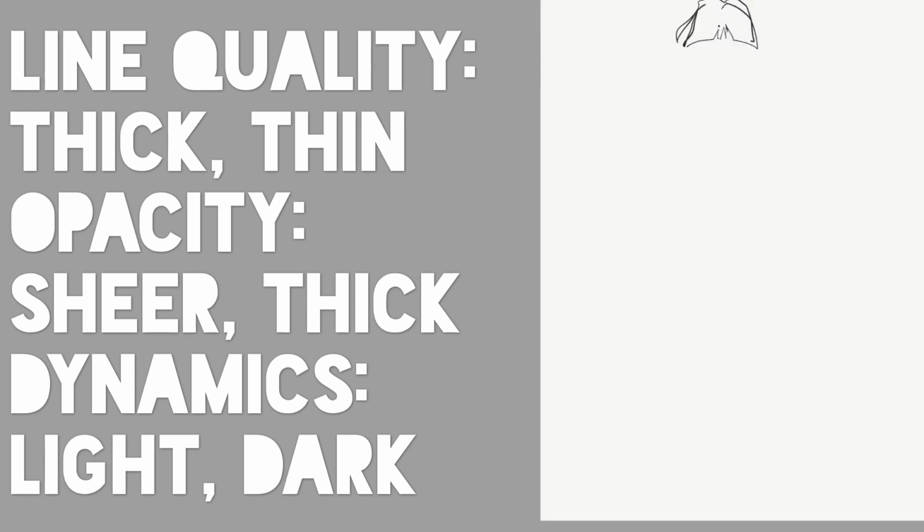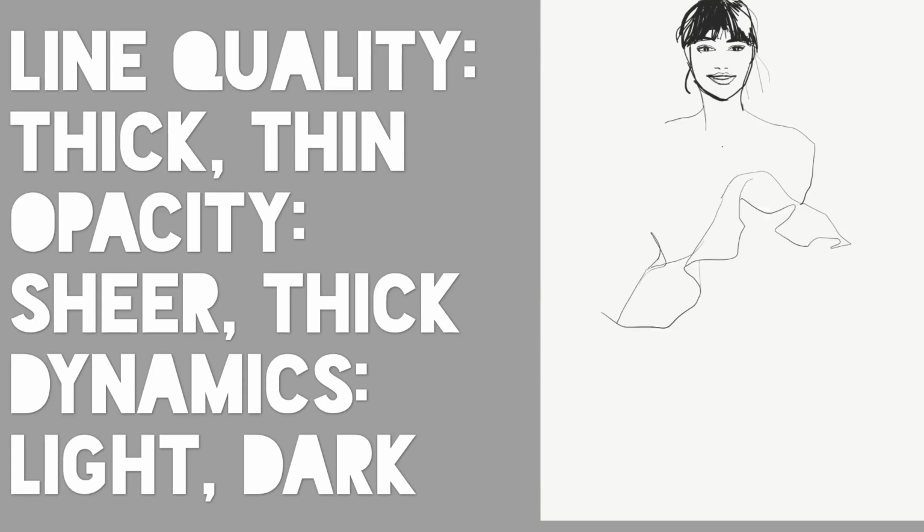All I do is adjust the size of the tip of it, and I adjust the size of the opacity, the lightness or sheerness or opacity of it. So you can see that some of the lines I'm using are ultra thin, ultra fine, and the others are quite thick and dark. And it's this contrast that is so beautiful.